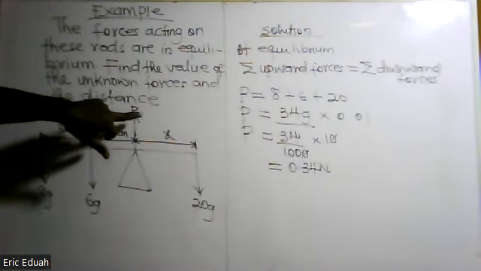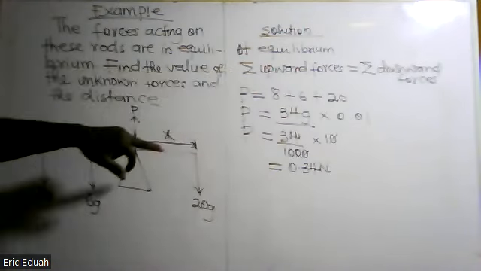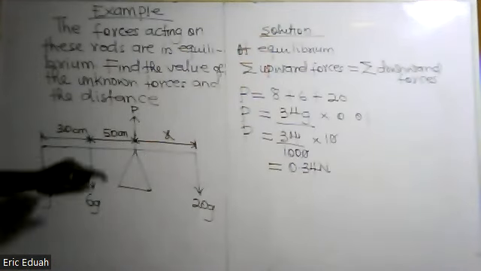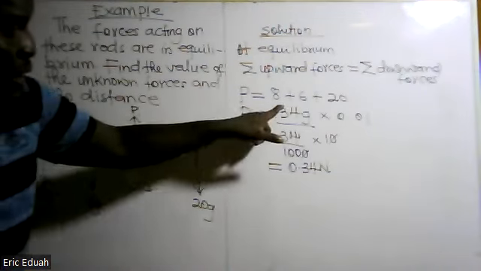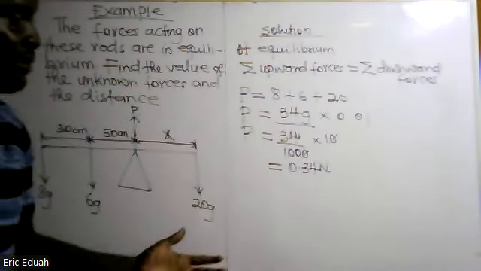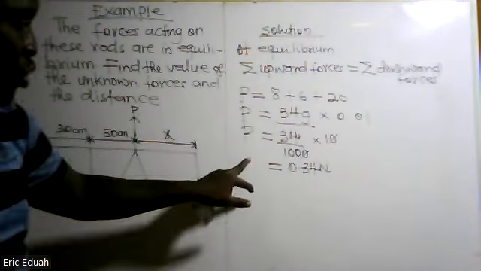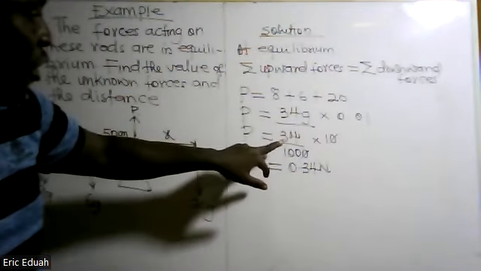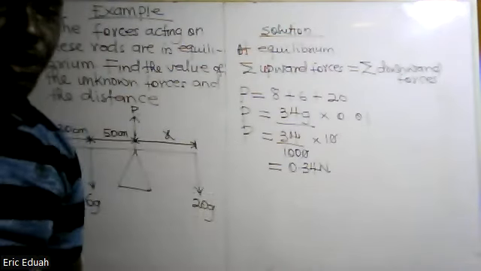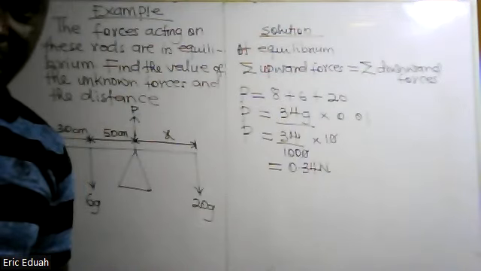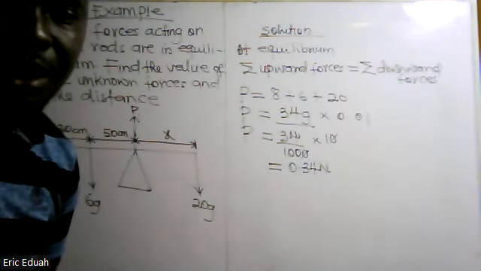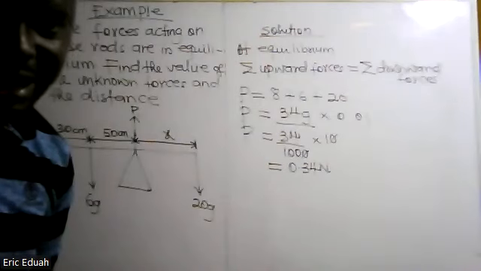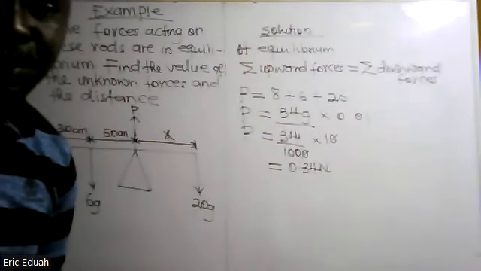So if the sum of upward forces must be equal to the sum of downward forces, then P will be equal to this plus this plus this, which we summed up and later converted to weights. So P will be equal to 34 grams or 0.34 Newton. Eliana, are you fine? Yes, please. So we are just applying the principle of moment.